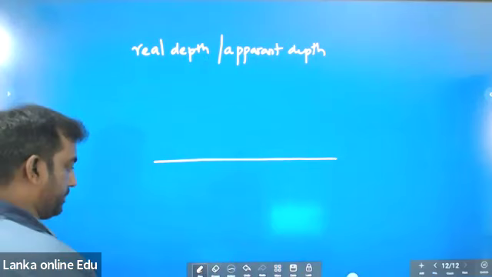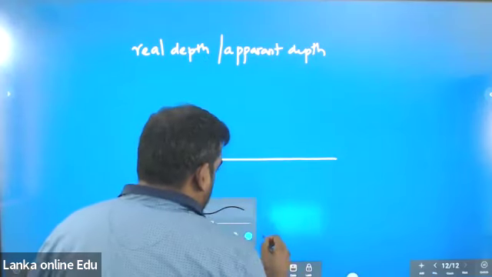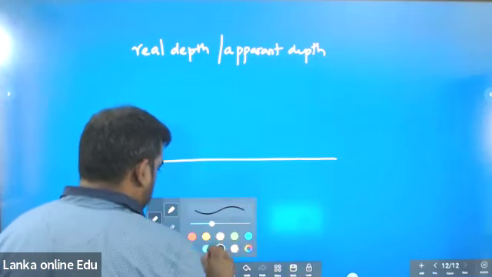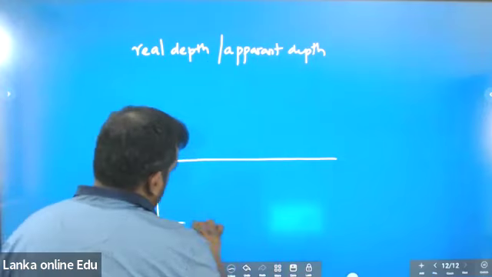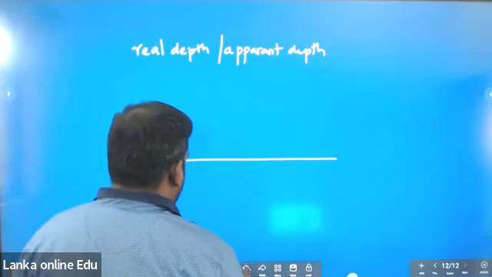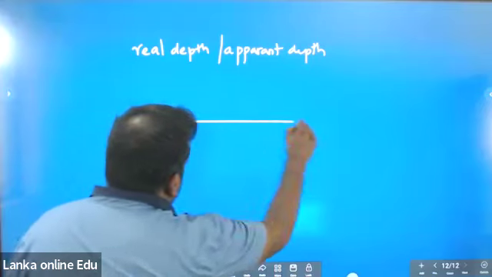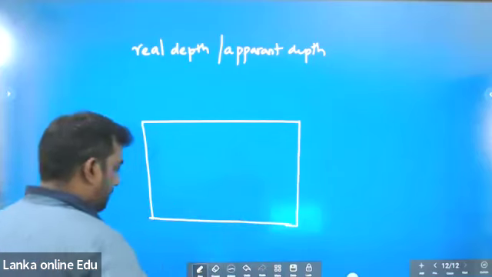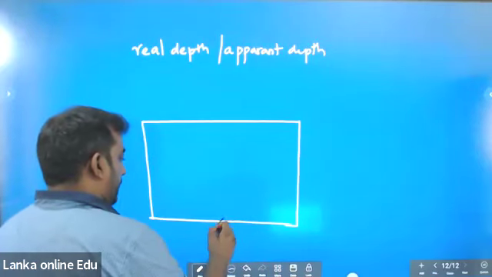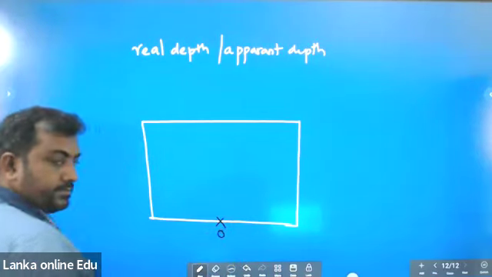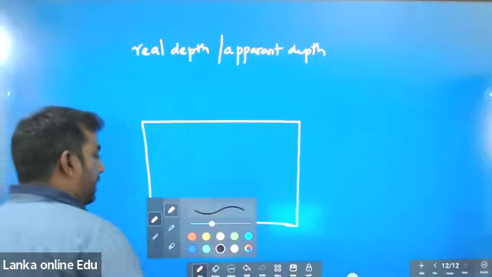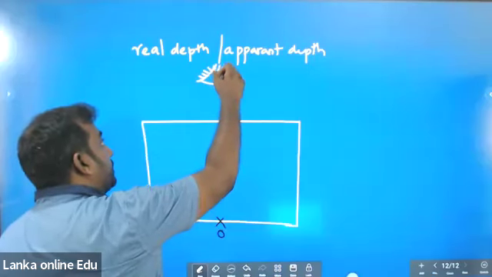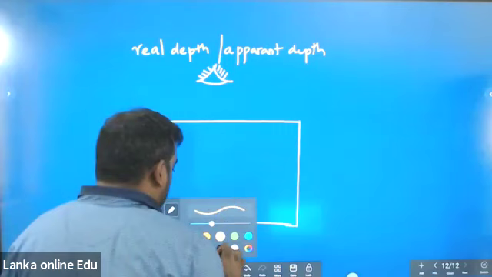Now, if you consider an object at the bottom here, and you are looking at near normal incidence from here, light rays will directly go into the eye.